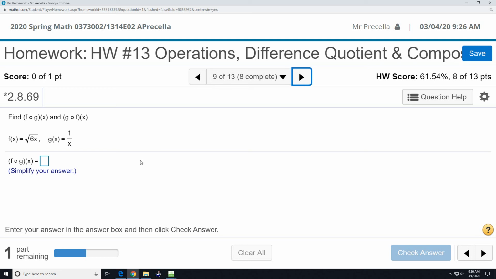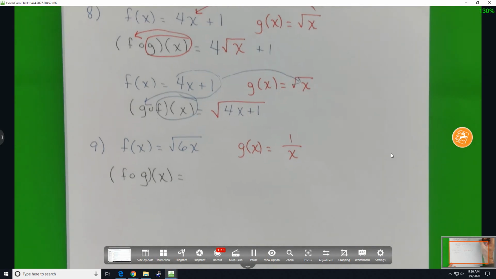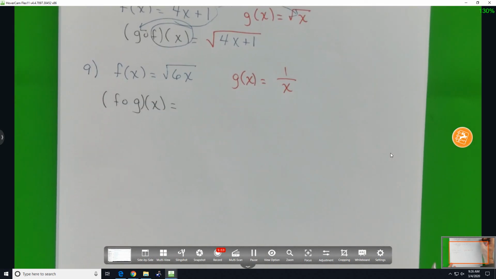f of x is a square root of 6x, and g of x is 1 over x. So we're going to do f of g of x and g of f of x. Let me lift this up. In words, what am I doing?